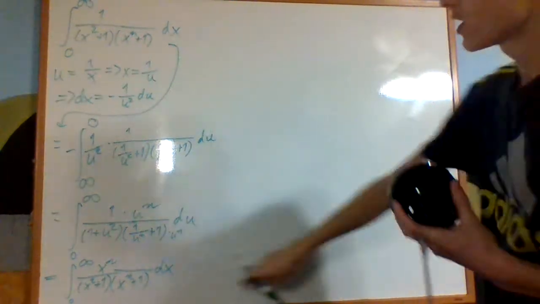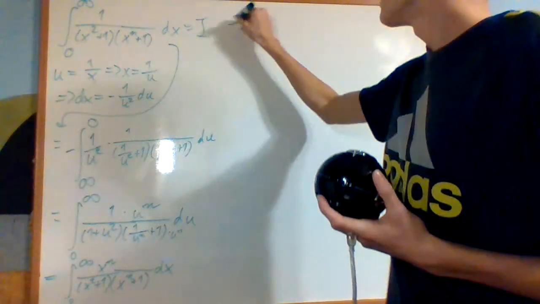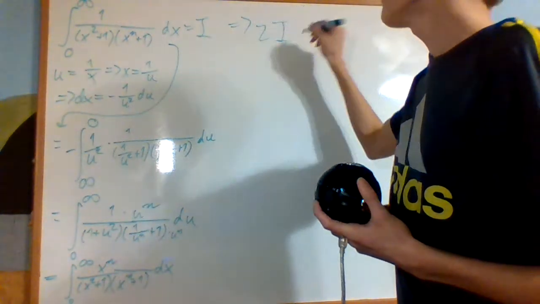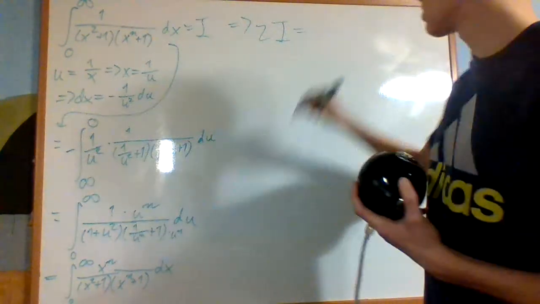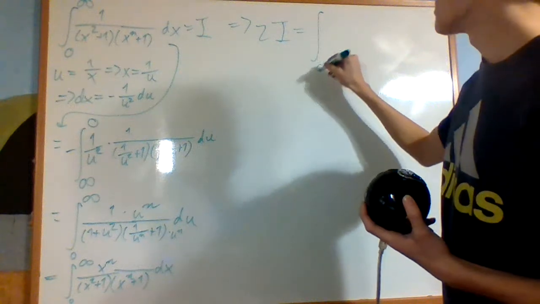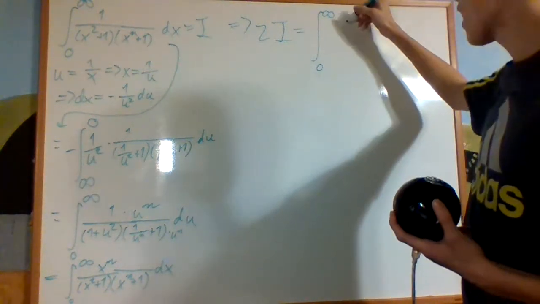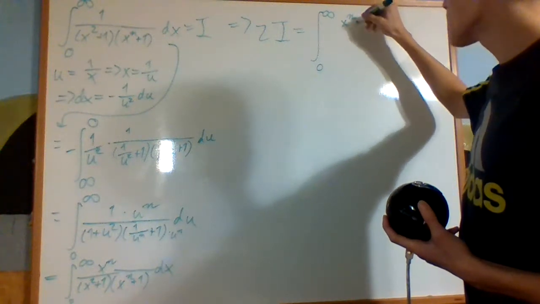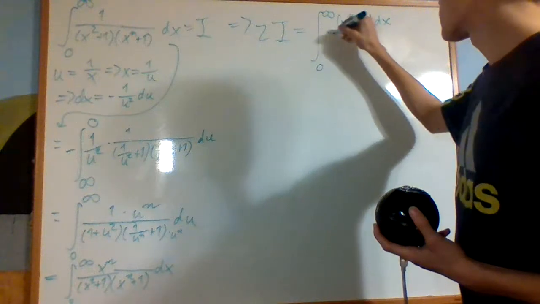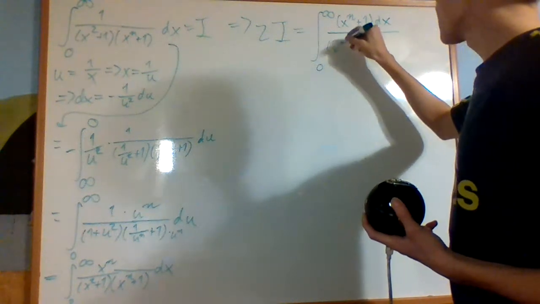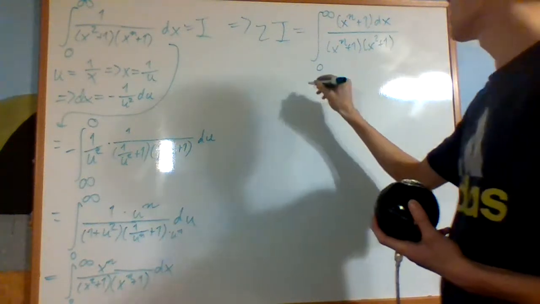And so, right there, if I call this I, that means that 2I is equal to this integral plus this integral, which is the integral from 0 to infinity of, and then we're going to have x to the n plus 1 dx over (x to the n plus 1)(x squared plus 1).